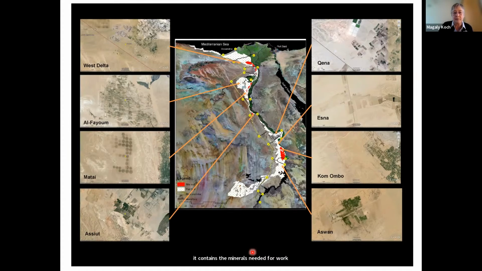agriculture to be possible. And what we see here, I don't know if you see this triangle here, this is the ancient Nile Delta. It's no longer visible on the ground, but these multispectral images basically make it apparent, visible, because there's a color contrast between the sediments here and the surrounding sediments.